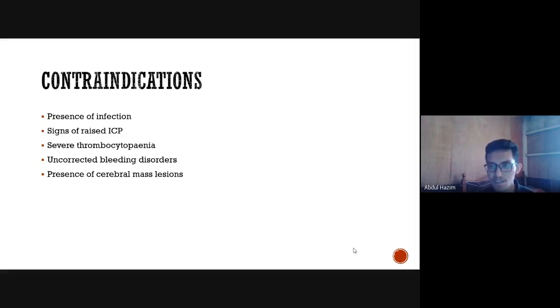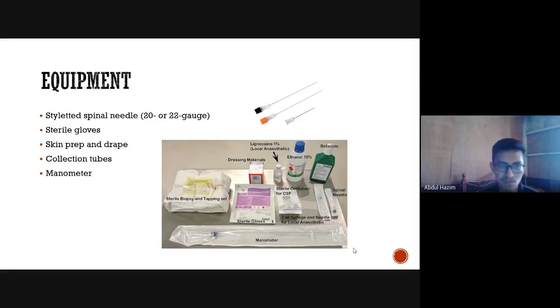In these patients, we should perform a CT scan of the brain before we do lumbar puncture. Other contraindications are severe thrombocytopenia and uncorrected bleeding disorders. And lastly, the presence of cerebral mass lesions such as abscess or tumors.